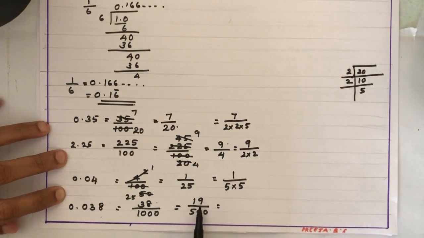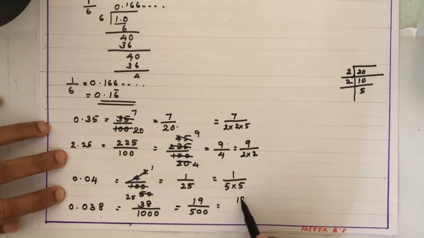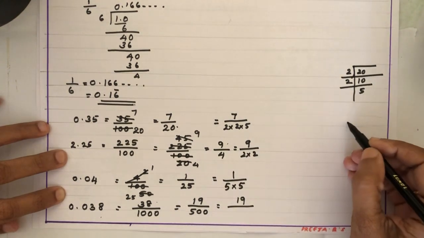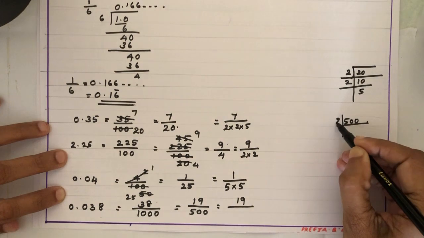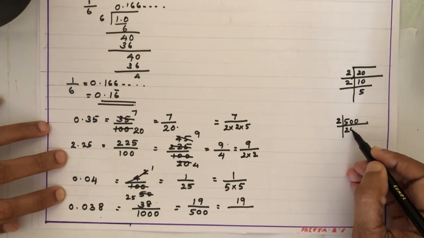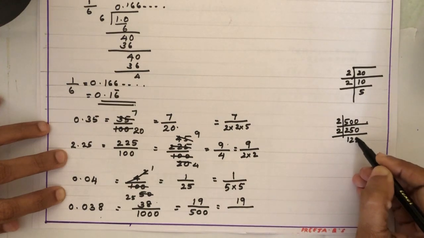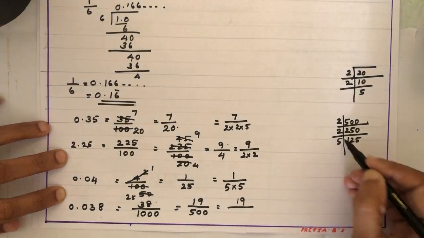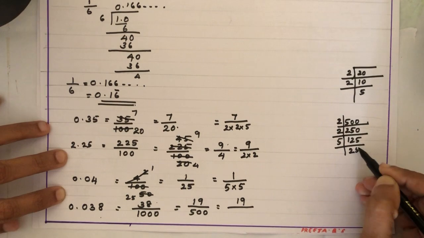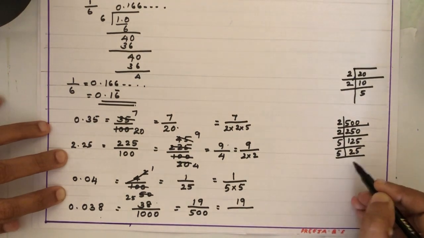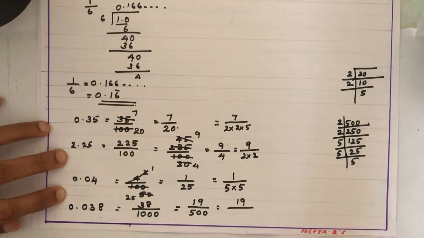Here 19 by 500. Prime factorization of 500: 2, 250, again 2, 125, 5, 25, 5, 5. Okay.